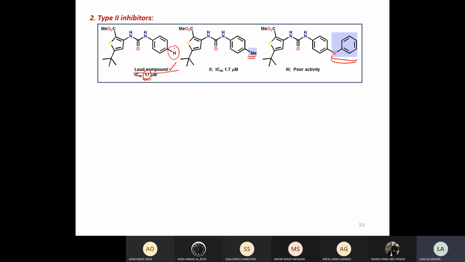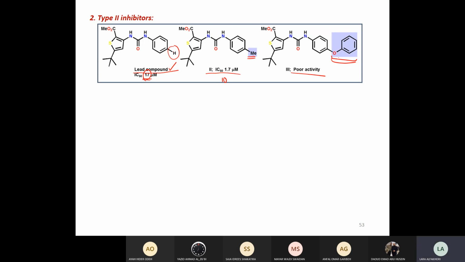When they substituted the hydrogen with a methyl, it gave an enhancement in activity, because the lower the IC50 the better, approximately a 10-fold increase in activity. But when they substituted it with a phenoxy, the activity became very poor. When we talk about poor activity, we are talking about an IC50 of 50 micromolar and more.